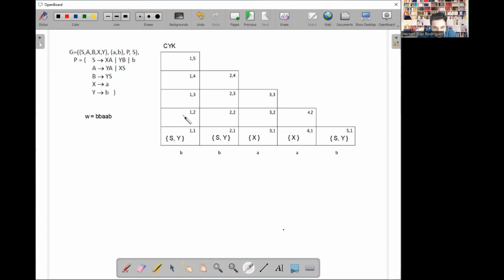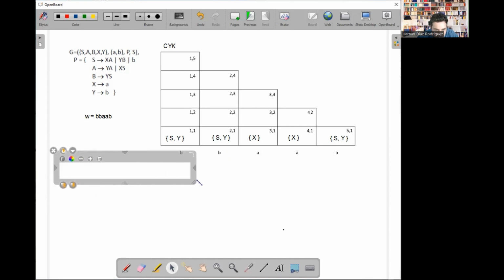Now we go to the second row. In the first cell, in the second row, we start in the first position and we take two characters, bb. The only way of generating bb with a grammar in Chomsky normal form is with a combination of two variables. So let's type it here, right? When we are in the cell 1, 2, it means that we need to generate the chain that is starting from the first character and taking two characters.